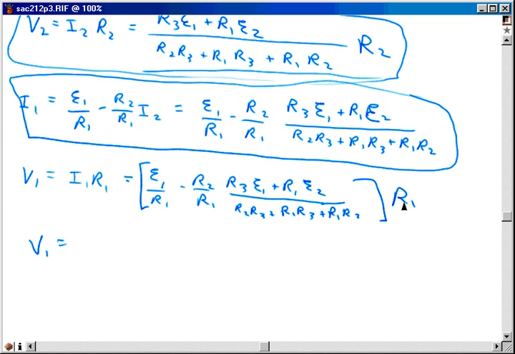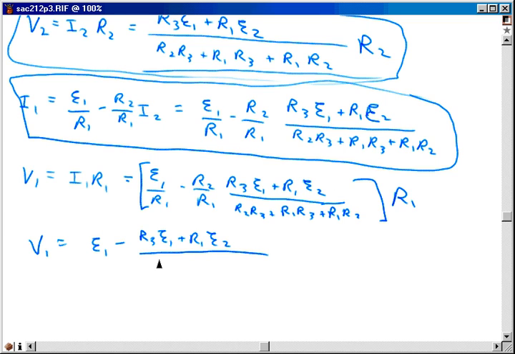V1 is equal to, I got an R1 in the denominator of both terms. So that'll be E1 minus R3 E1 plus R1 E2.